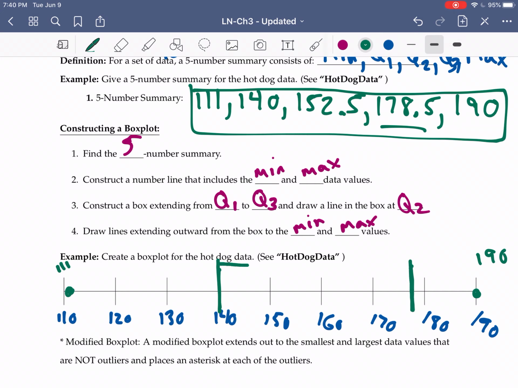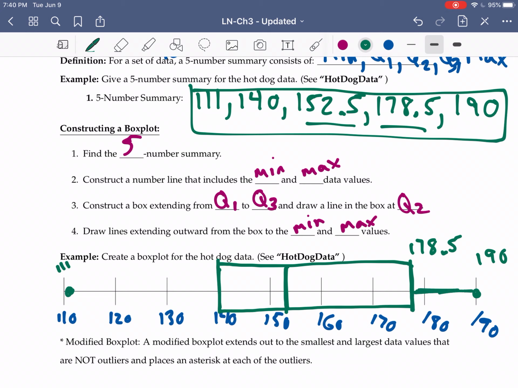So we're drawing a box that extends there. In that box, we're going to put a vertical line at Q2. So Q2 is 152.5. And then finally, we are going to draw lines that extend from the box to both the minimum and the maximum. And that is a box plot.